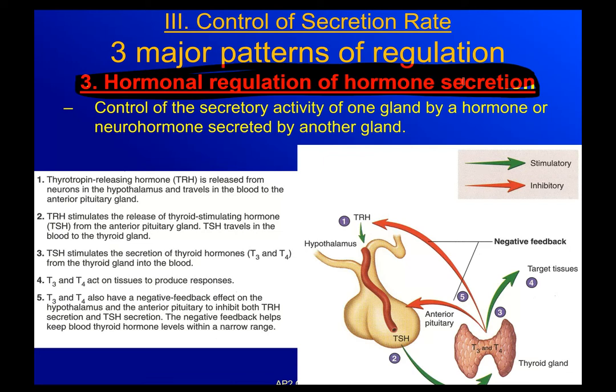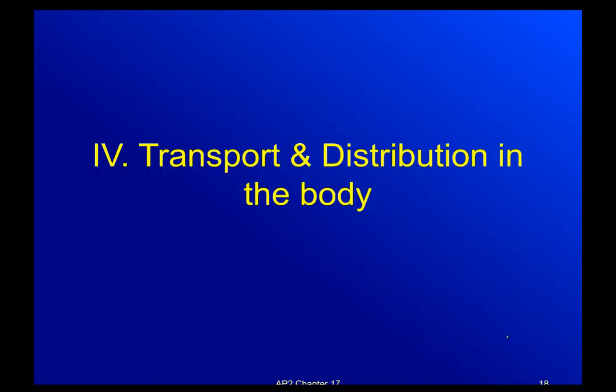Hormones can control the release of other hormones. So, the control of the secretory activity of one gland by a hormone or neurohormone secreted by another gland. So we were talking about thyroid hormone when I talked about triiodothyronine and tetraiodothyronine. So let's talk about thyroid hormone, T3 and T4.